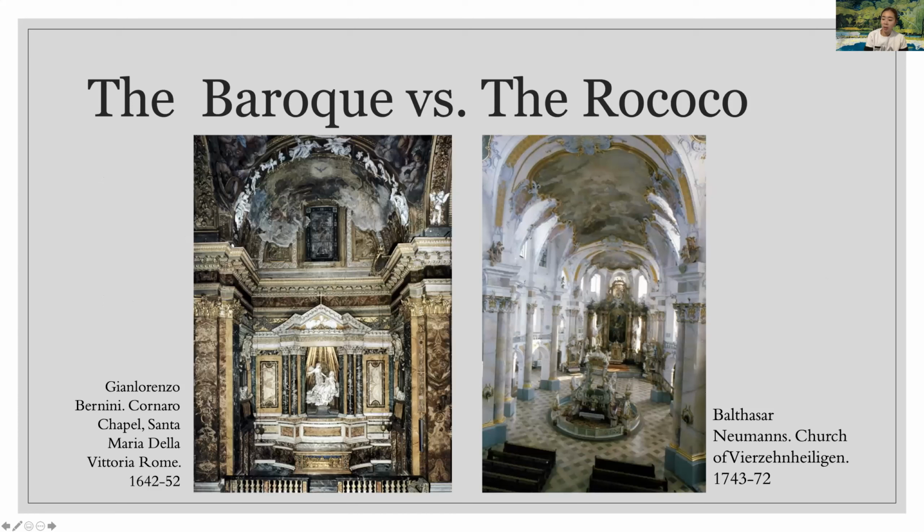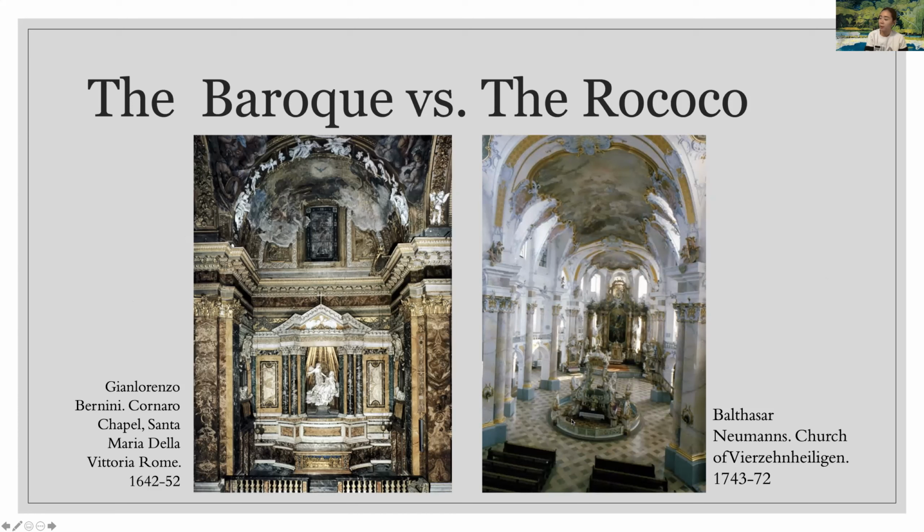The left one is the Baroque architecture style we just saw, and the right one is the Rococo style architecture's interior. These are all complicated, but we can find the differences between these two church interior styles. What's the difference, everyone?